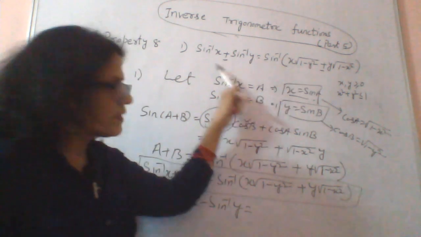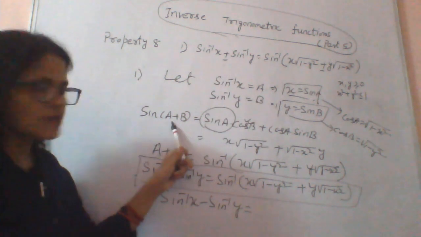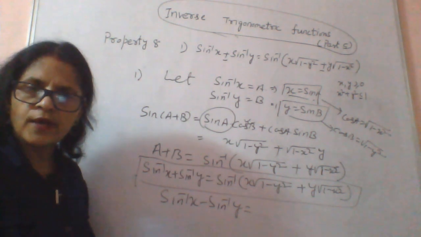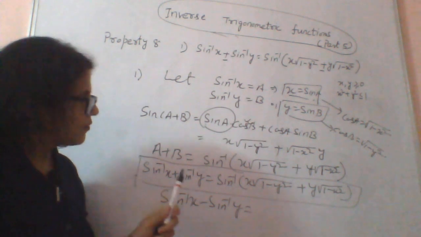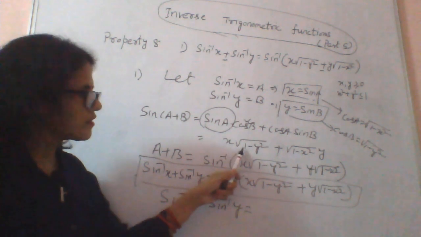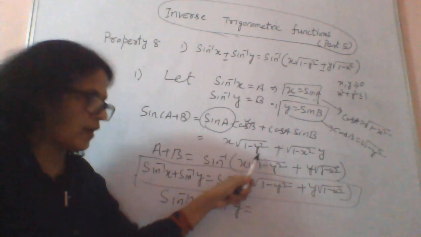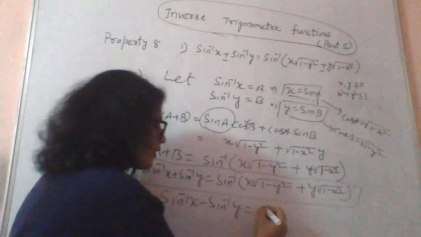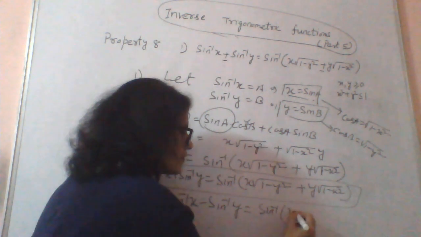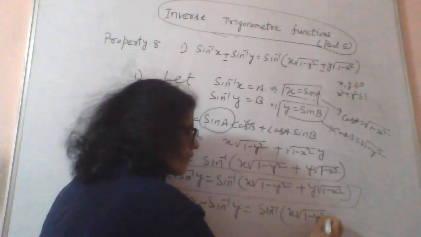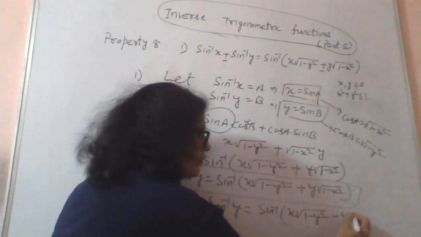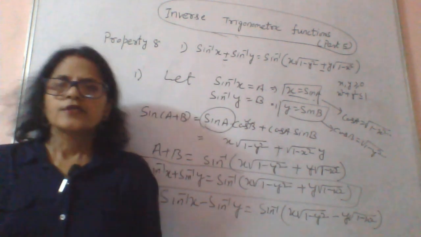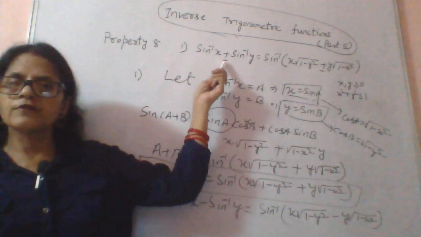This quantity will be sin a minus b, and sin a minus b, as we know, is sin a into cos b minus cos a into sin b, which is equal to x into under root 1 minus y square minus y into under root 1 minus x square. So we can write sin inverse of x into under root 1 minus y square minus y into under root 1 minus x square. Okay, so these are basically two formulas.